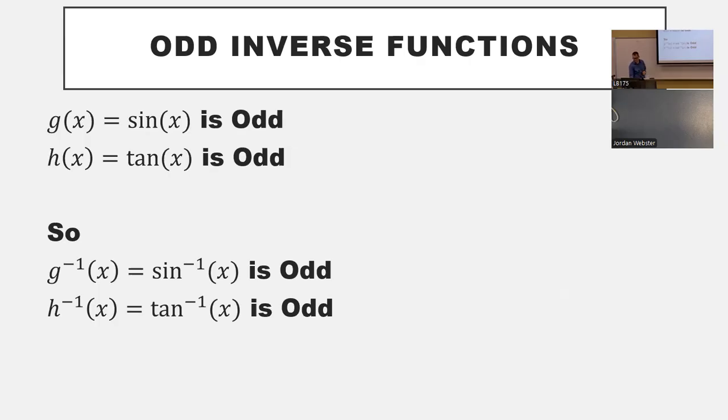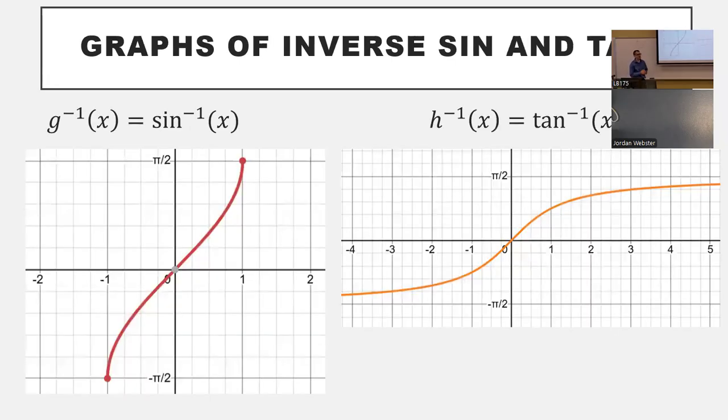And you can see that in the way the graphs work. Notice that the graphs are symmetric with respect to the origin. So any ordered pair on one side of the origin reflected through the origin will give you another ordered pair on the graph.